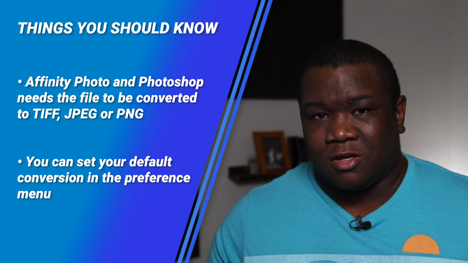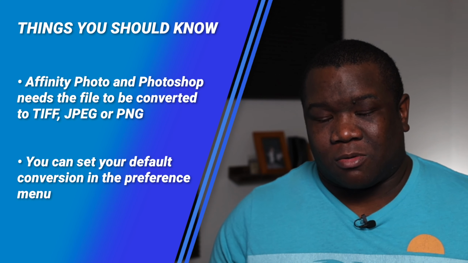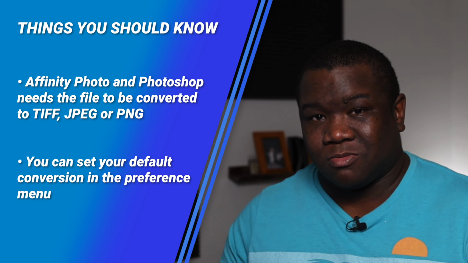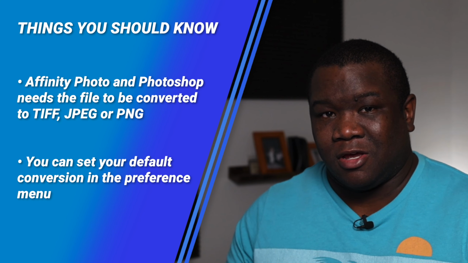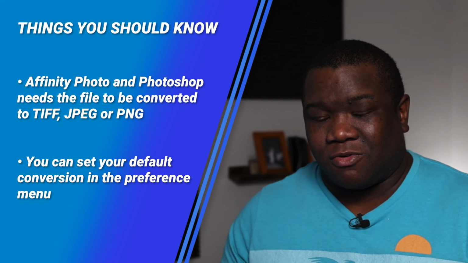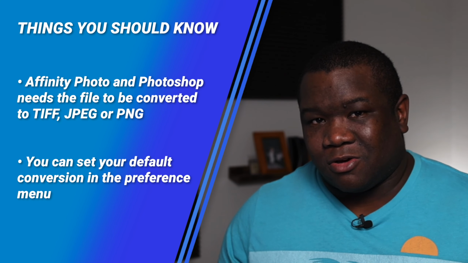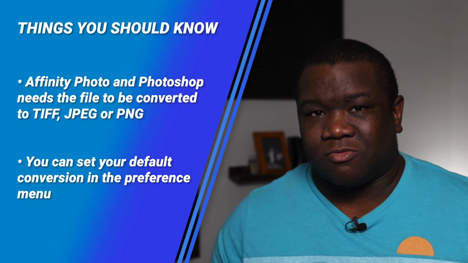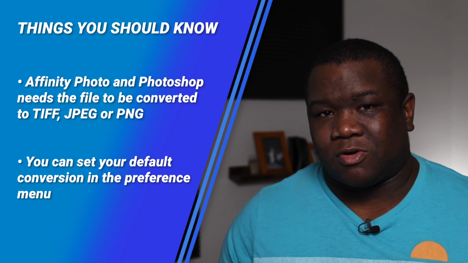It needs to be in JPEG, TIFF, or PNG. So part of this is going to be a conversion. And for that, you need to know how your files are being converted when you open them into Photoshop. So let's go ahead and jump into the computer and take a look at our preferences of what we're sending into Photoshop or any other external plugin whenever we use this technique.